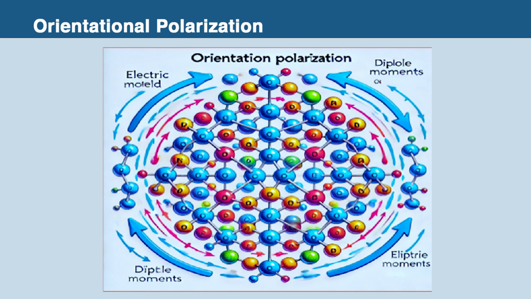The total polarization is the sum of all polarization contributions from electronic, ionic and orientational polarization. Understanding the mechanism of polarization helps in designing materials with desired dielectric properties for various applications such as insulators, capacitors and other electronic components.